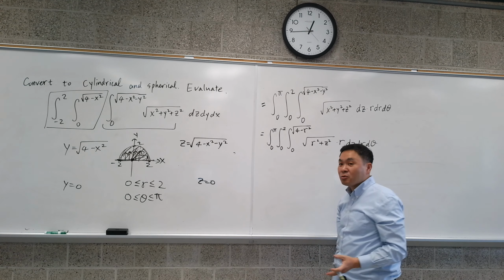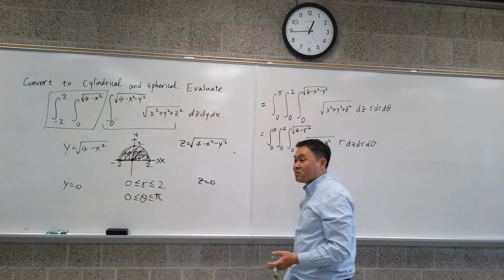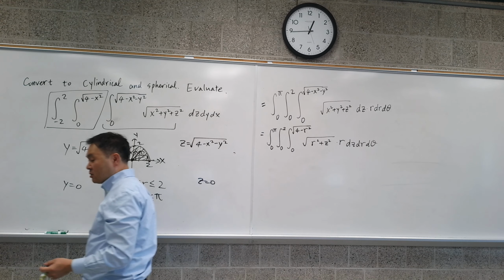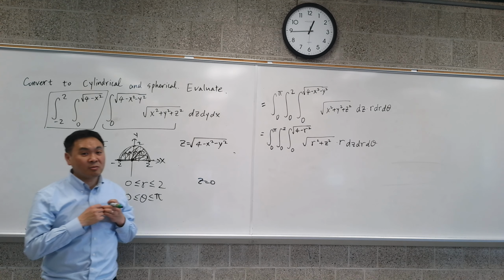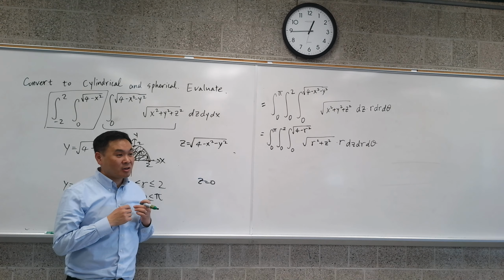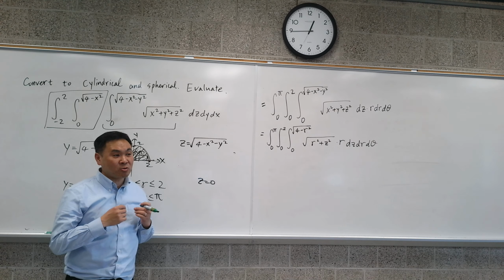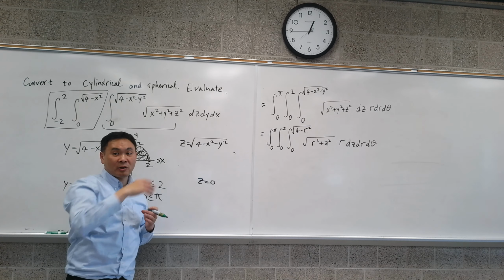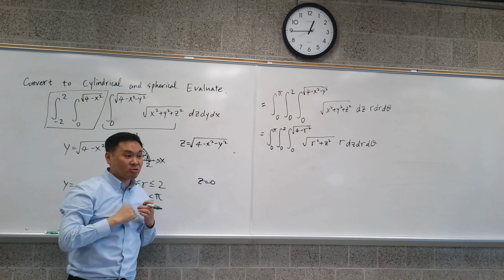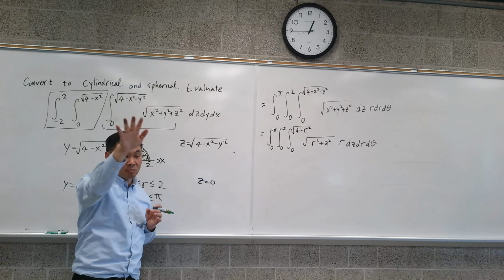All right, so how do you represent that in the spherical coordinate system? Well, spherical coordinate system is a three-dimensional system where rho gives you the distance from the center, right? So this time you're filling up the space by starting from the origin and shooting up till the boundary, right?